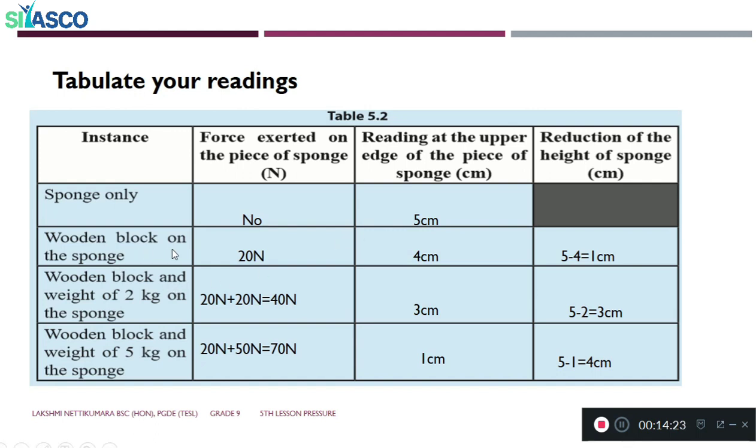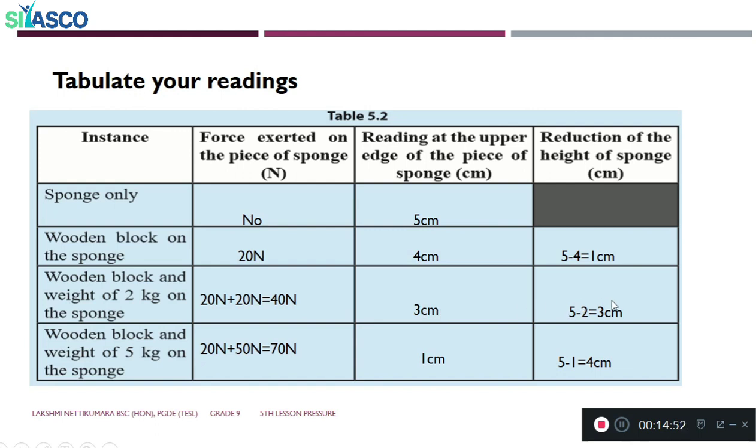When you kept the wooden block on the sponge, 20 Newton is exerted. Now the reading is 4 centimeters. Reduction of the height of the sponge is 1 centimeter. In the second instance, the wooden block and the 2 kg weight exerted 40 Newton. The height of the sponge is 3 centimeters.